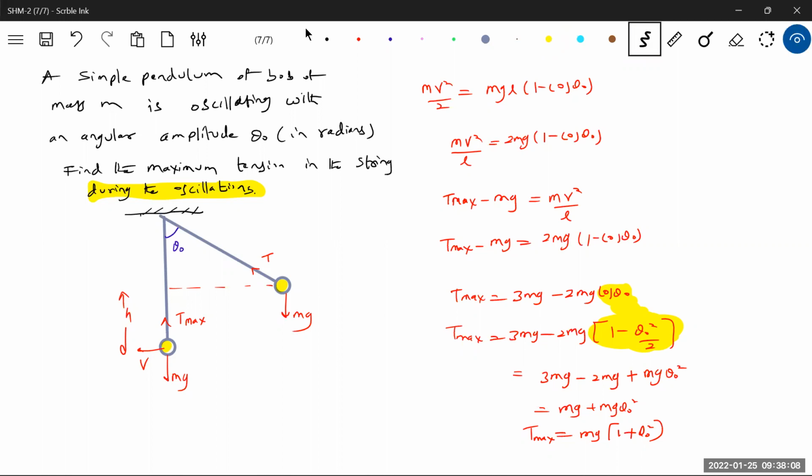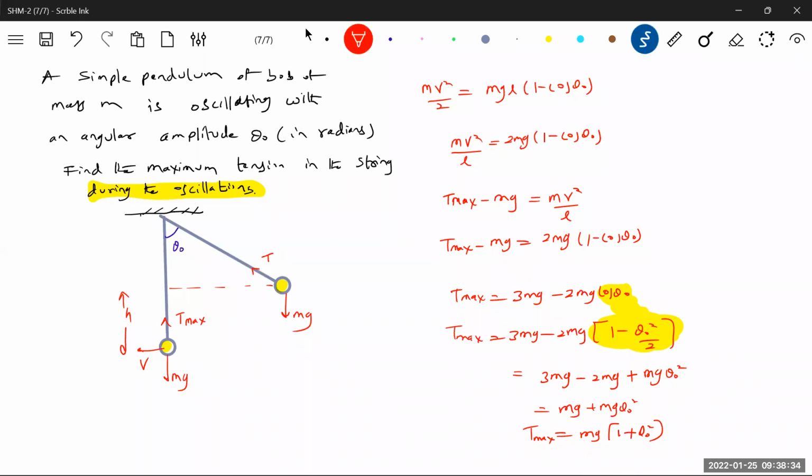He need not mention that theta naught is a small angular displacement, or that it is oscillating with a small angular amplitude. It would have been very specific, but he didn't mention it, because we know that the simple pendulum we use in the lab is for small angular displacement only.